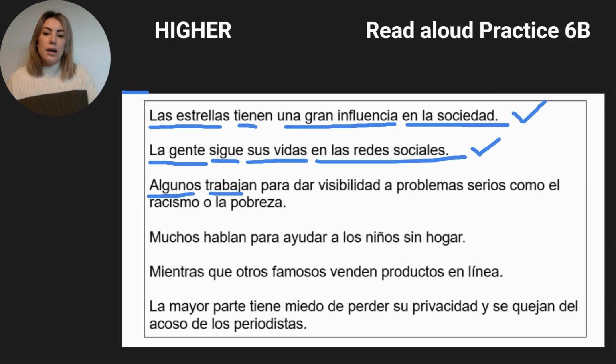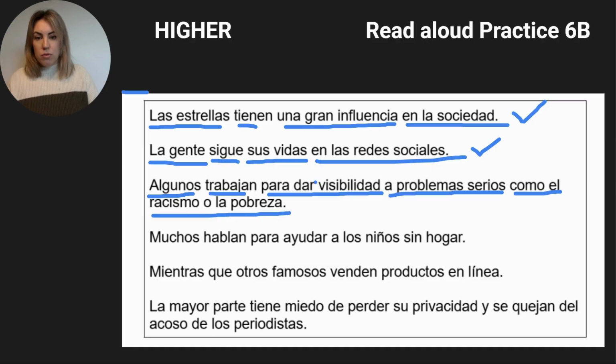Algunos trabajan para dar visibilidad a problemas serios como el racismo o la pobreza. So some as in some celebrities, they work to promote or to give visibility to serious problems such as racism or poverty.